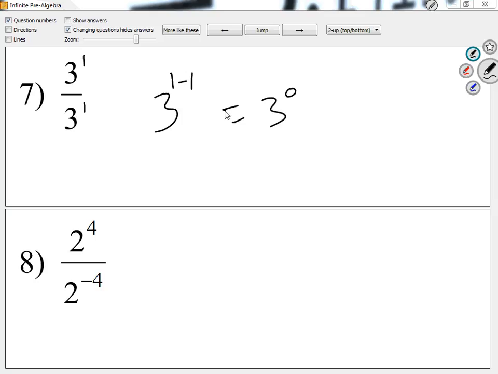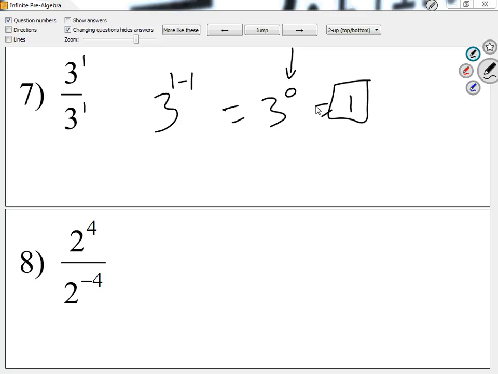Remember, negative exponents make a fraction and put it at the bottom. Now, 0 exponent. 0 is a very, very important exponent. This is one of the most important. What it means is, it doesn't matter which number you get, any number to the 0 power will always be equal to 1. Anything to the 0 is always 1.